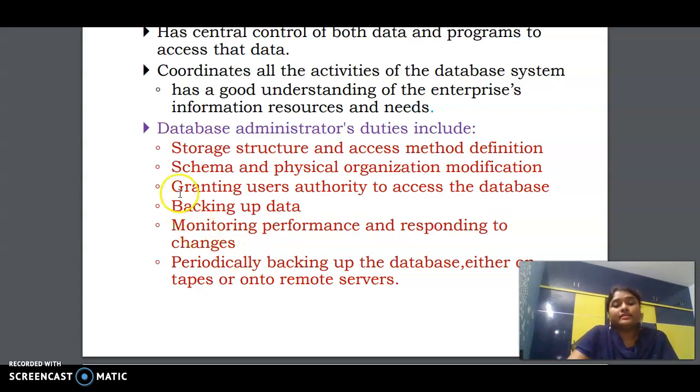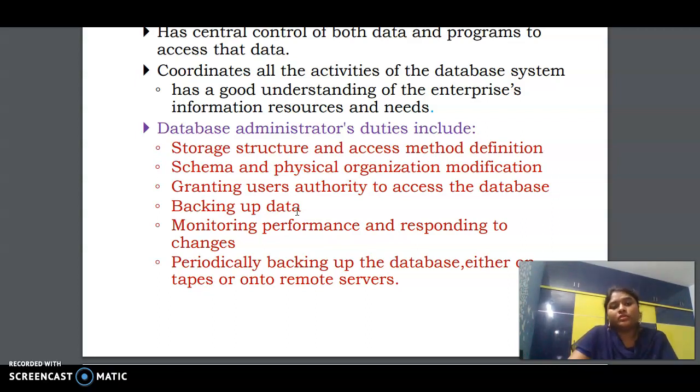And as I said, security is level-based. He is the person who grants users authority to access the database, and he is responsible for backing up the data. There are many types of backup: one week backup, or one month, or one year, or online backup.